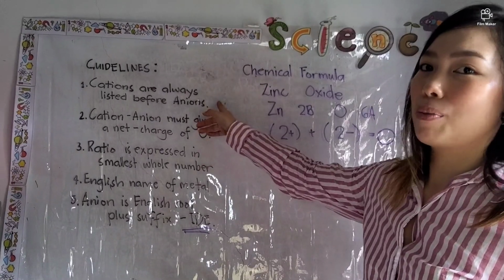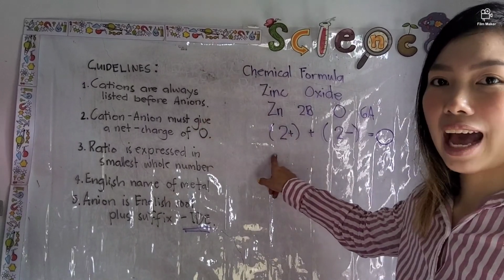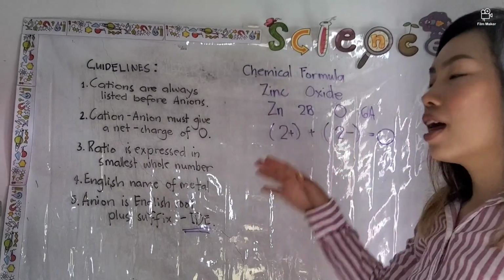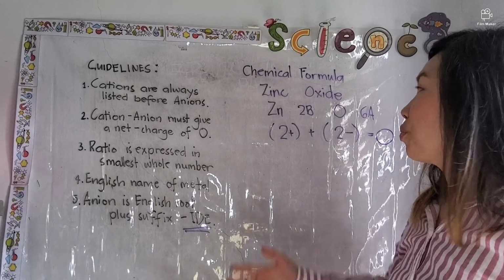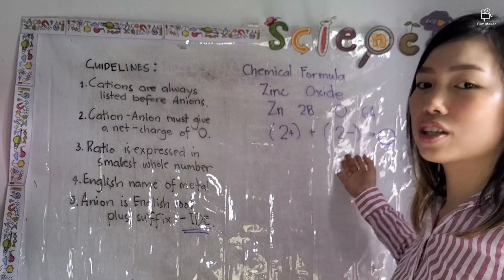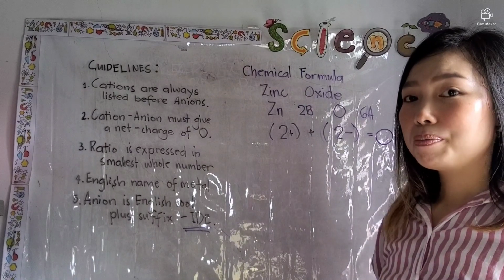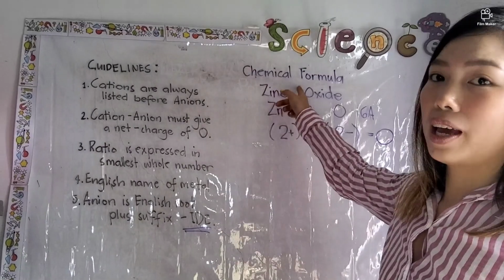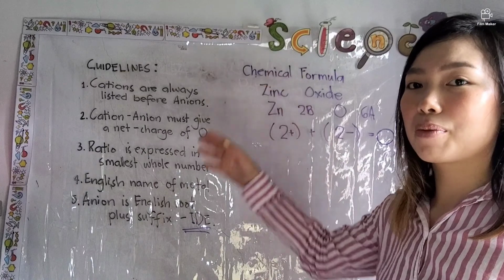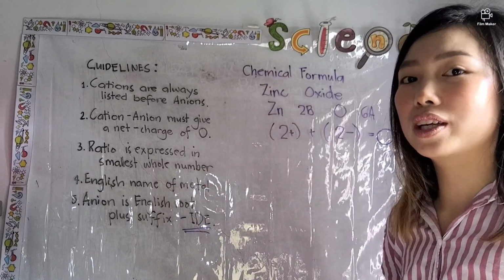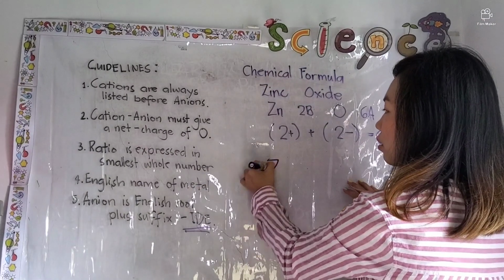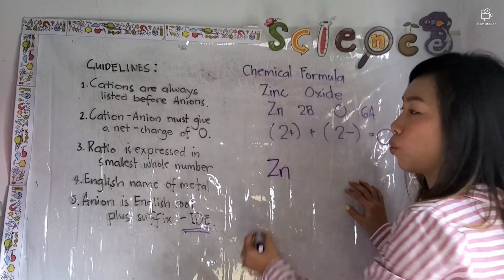Tama rin sa guideline number 1 kasi nauna natin ang cation kesa sa anion. Next one, after mong may produce ang net charge na nag-i-equal sa 0, then you may now name or give the chemical formula. In writing the chemical formula, unahin mong isulat ang symbol of Zn and then O.